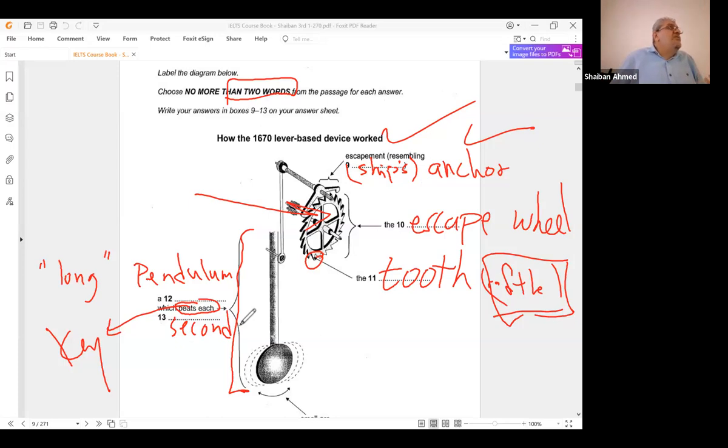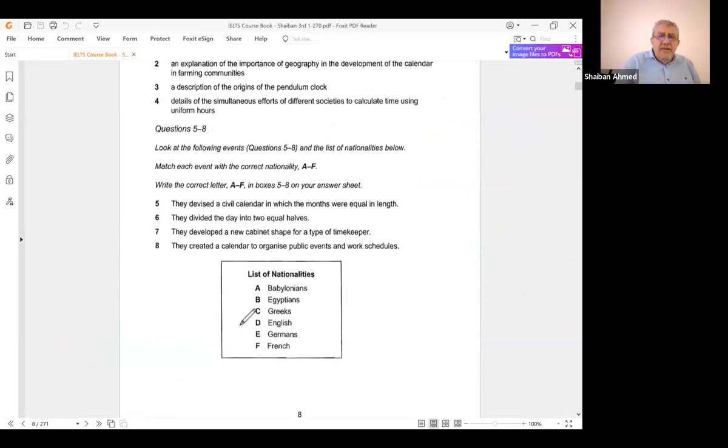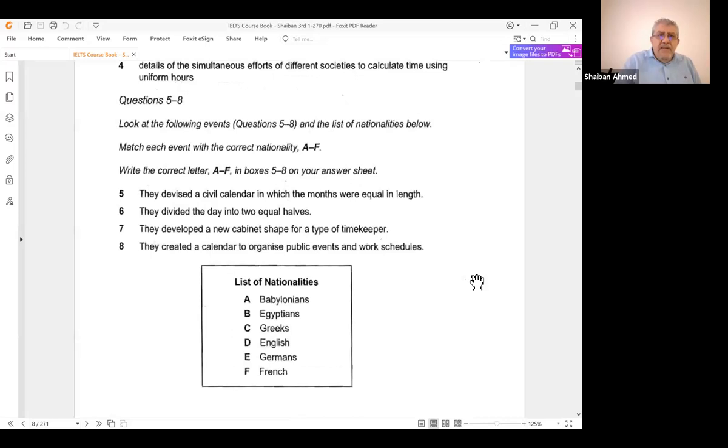Then I move to the second question, which I feel is suitable for me. Now, if you go to the next one here, we have the question about Babylonians, Egyptians, Greek, English, German, French. So this is again a matching list of nationalities.